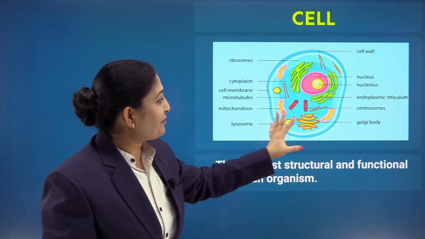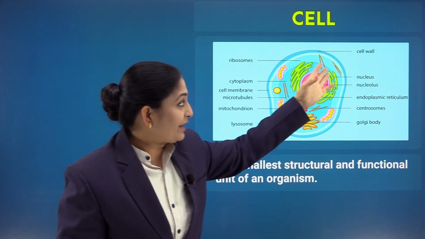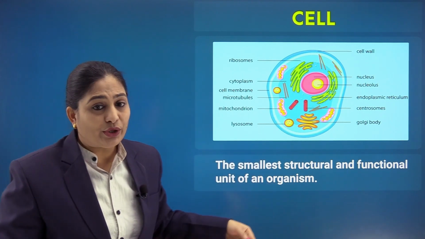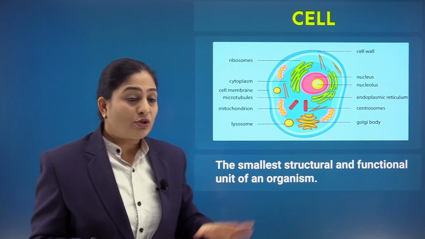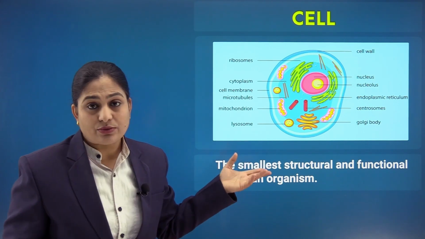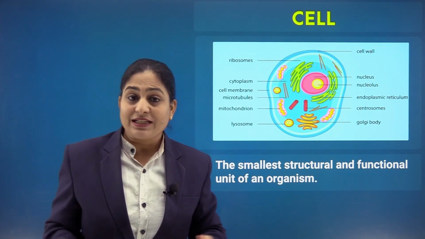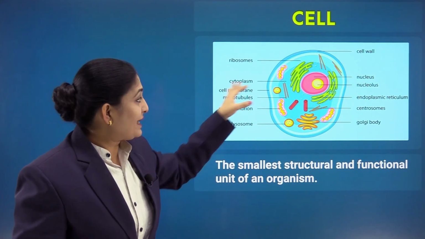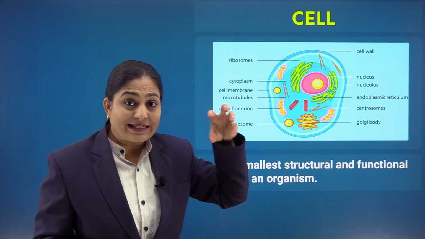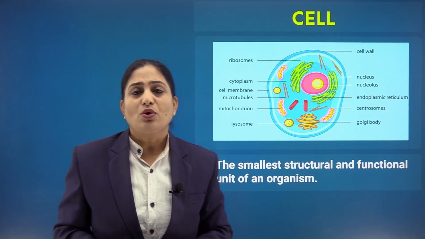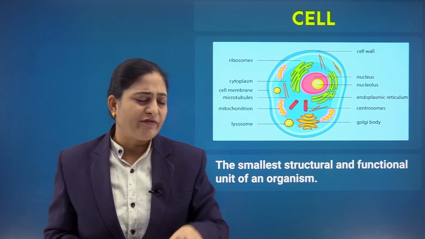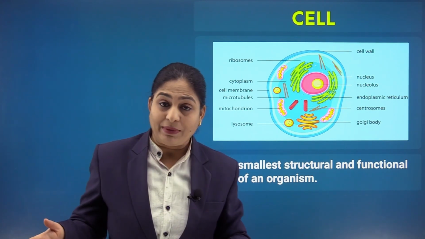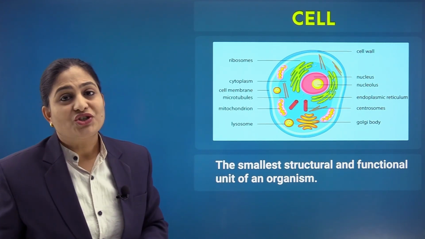These are the different cell organelles present in a cell, starting from the cell wall which makes the outer covering, then we have the nucleus, inside the nucleus the nucleolus, endoplasmic reticulum, centrosomes, Golgi body, lysosomes which we call suicide bags, mitochondria which we call the powerhouse of the cell, then microtubules, cell membrane, another membrane of the cell, cytoplasm, which contains the cell sap, and ribosomes. All these are cell organelles and they perform very important functions in the cell. So this is the structure of a cell, the smallest structural and functional unit of an organism.